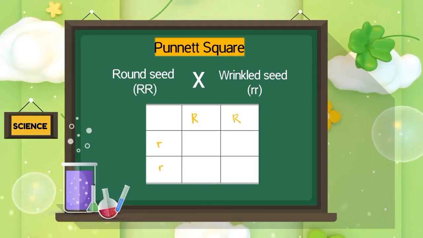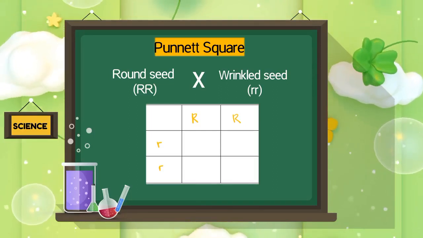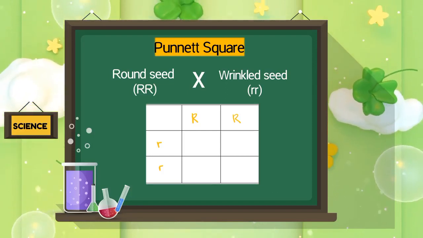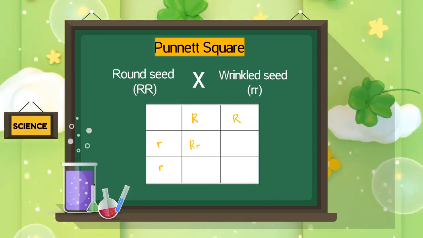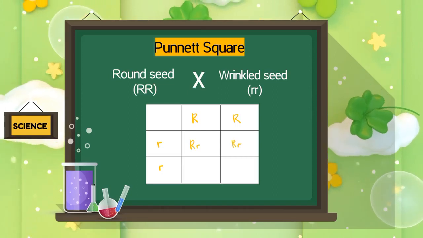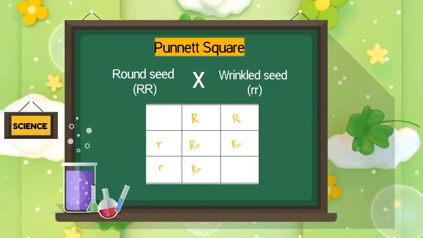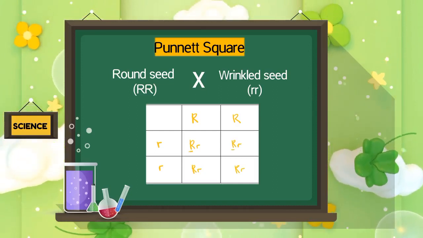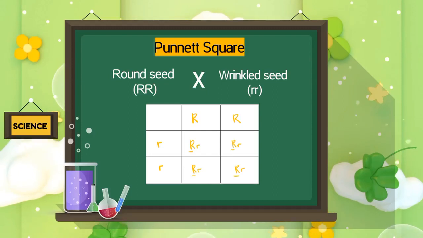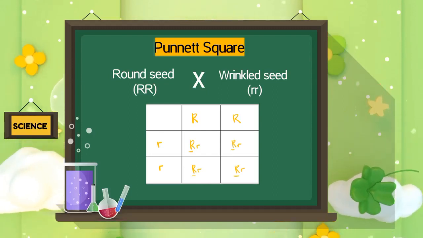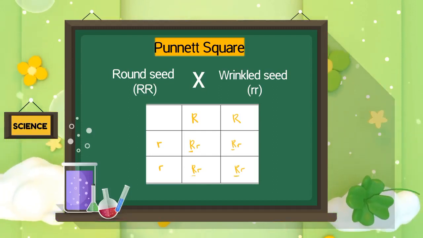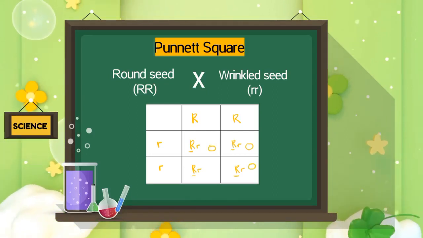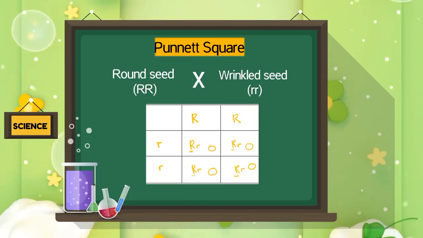So ang gagawin natin ay i-combine lang natin ang uppercase letter R ng round seed and lowercase letter r ng wrinkled seed. So, ganun din ang gagawin natin sa next box, pati dito sa baba. So, as you can see, lahat ng offspring ay merong uppercase letter R which represents round seed phenotype. Therefore, lahat ng offspring ay nagkaroon ng phenotype na round seed kagaya ng phenotype ng homozygous dominant parent.